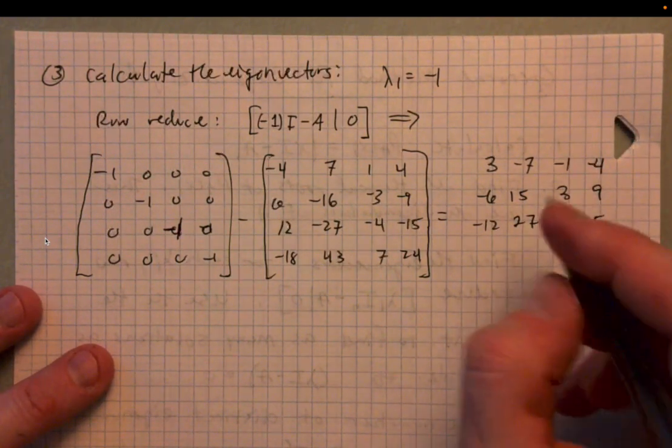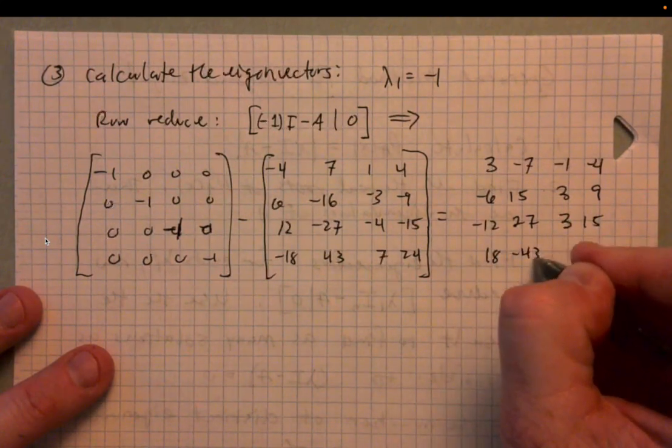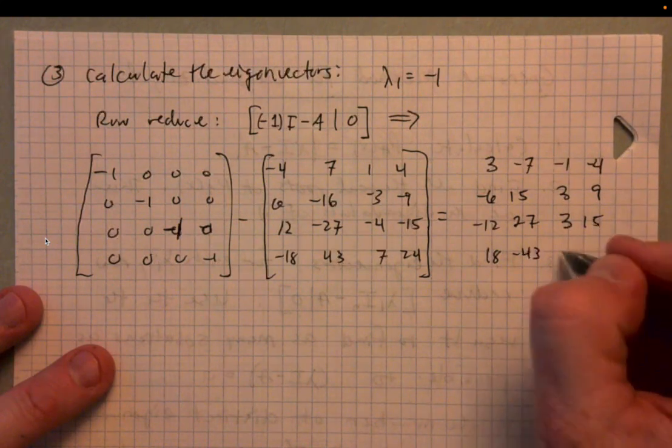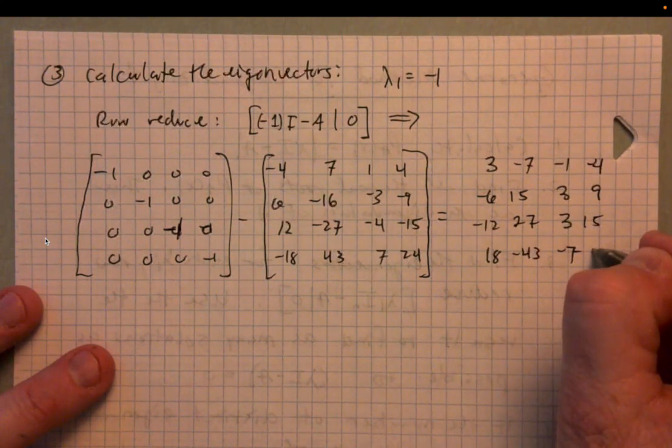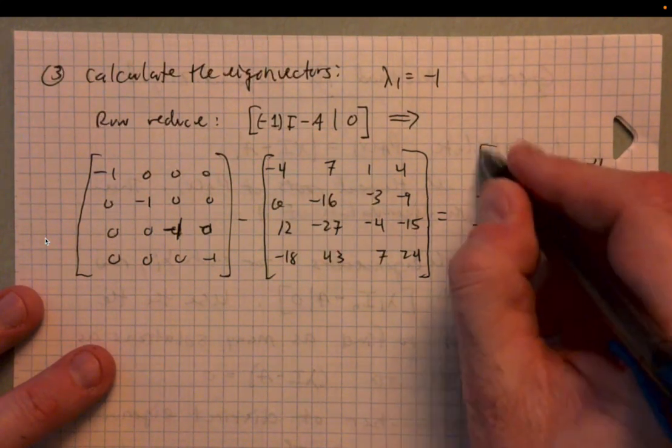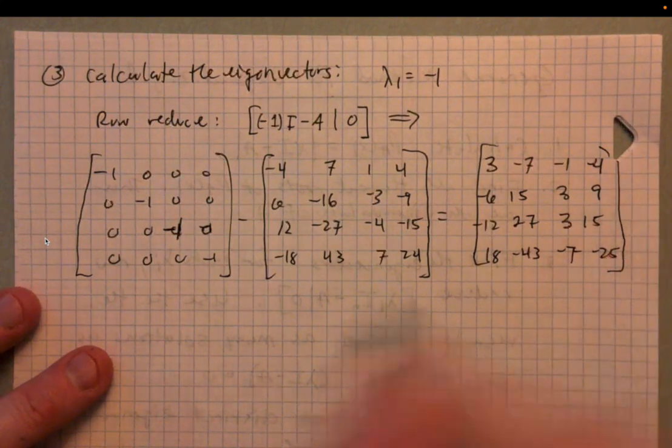And then 18, -43, -7, and -25. So, yep, -25. All right, so you get that thing there.